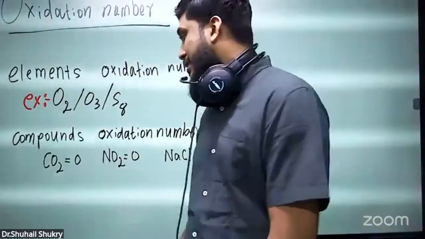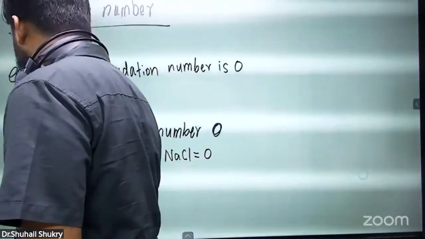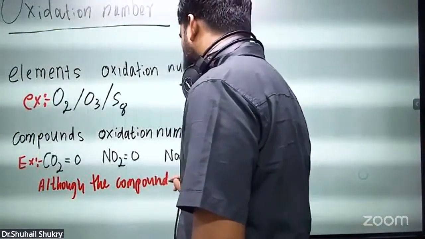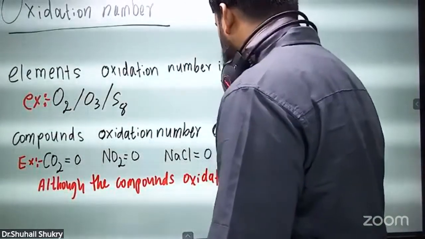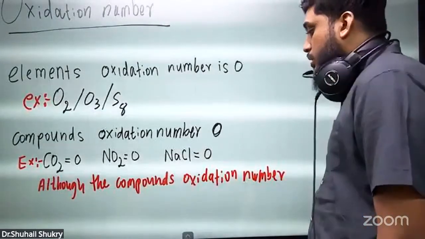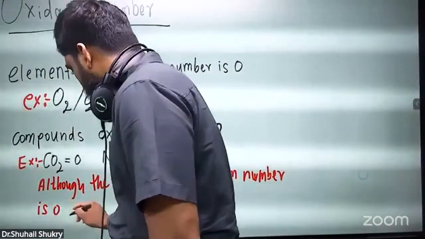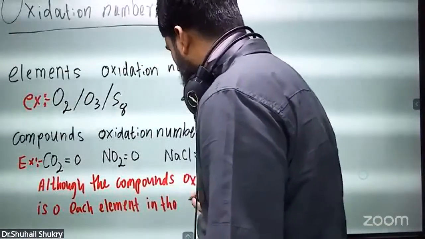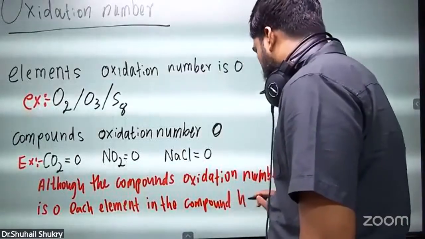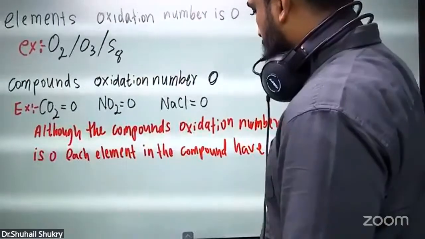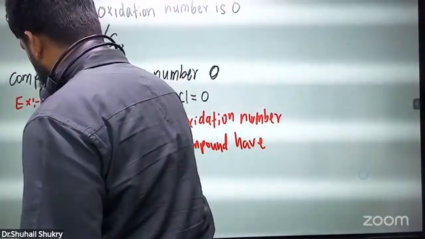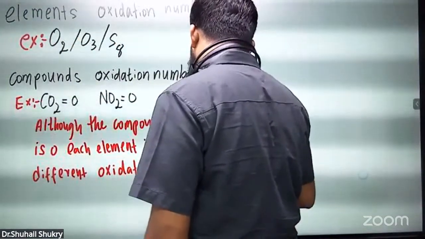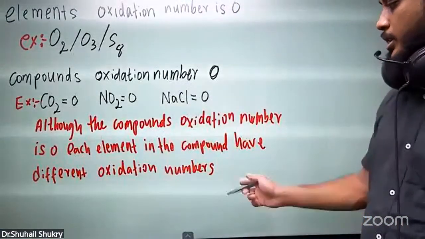But here I have to put a point in red color. Although the compound's oxidation number is 0, each element in the compound has a different oxidation number.